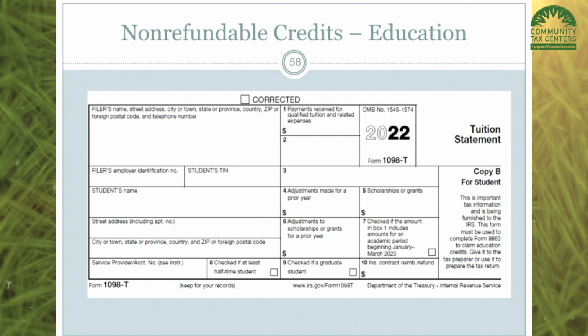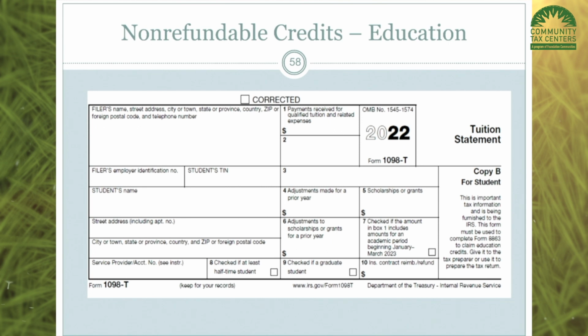If we see that box 9 is checked, we know the only option is the lifetime learning credit. If we see that box 8 is checked, that means they're at least a half-time student. Box 9 is not checked. So then we get to determine, based upon what that net amount is, do we want to use the American Opportunity or Lifetime?